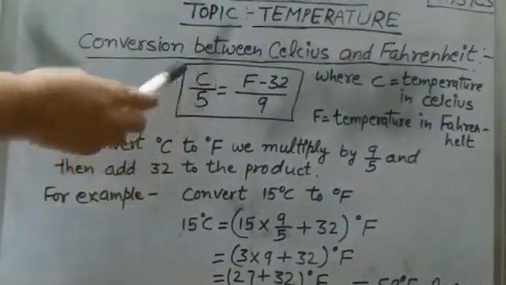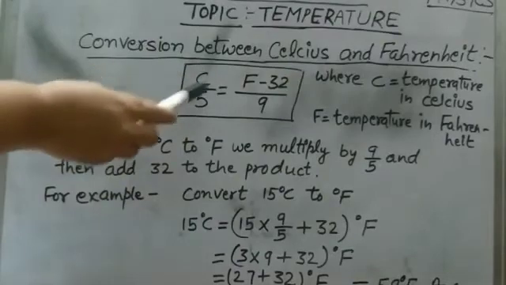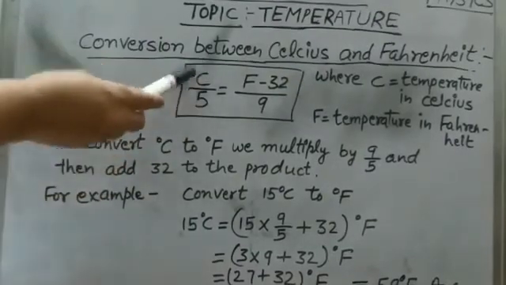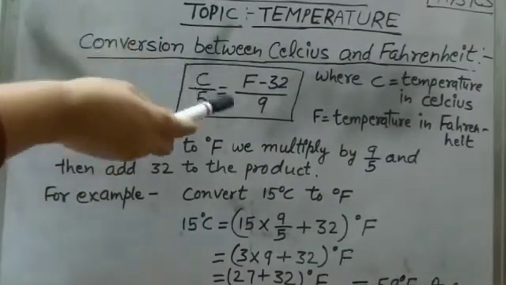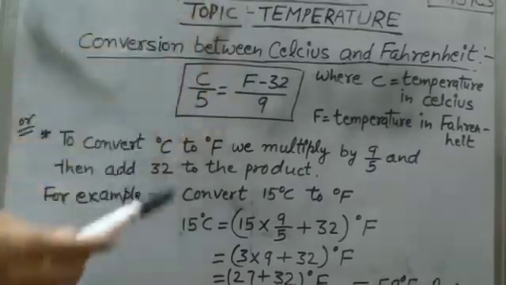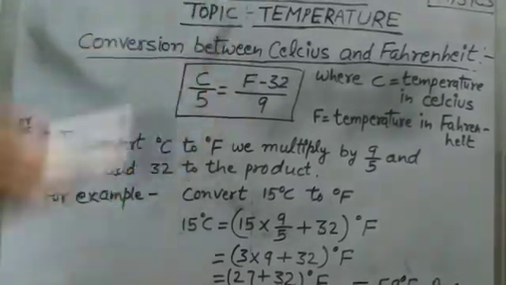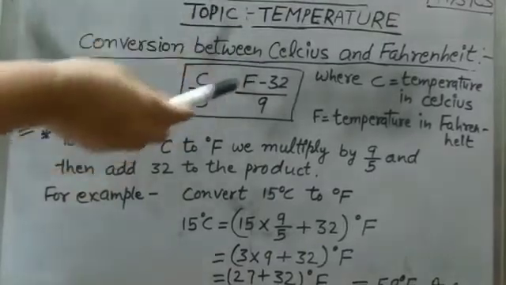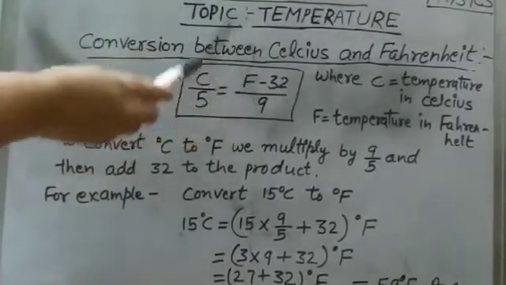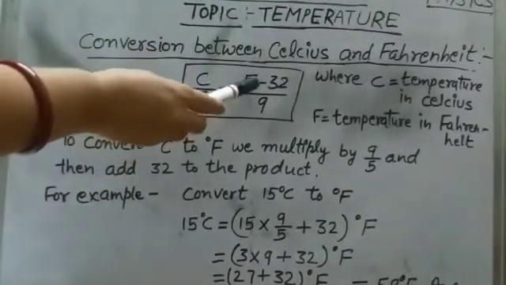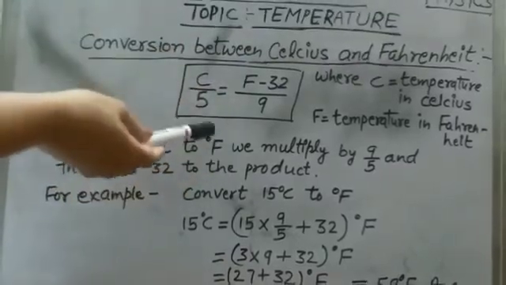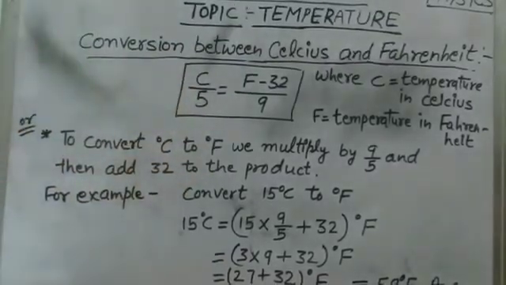So if we have the value in degrees Celsius, we can put that value in this formula and convert it into Fahrenheit. We can find out the value of F. Same as if we have the value in Fahrenheit, we can put that value in this formula and find out the value in degrees Celsius.